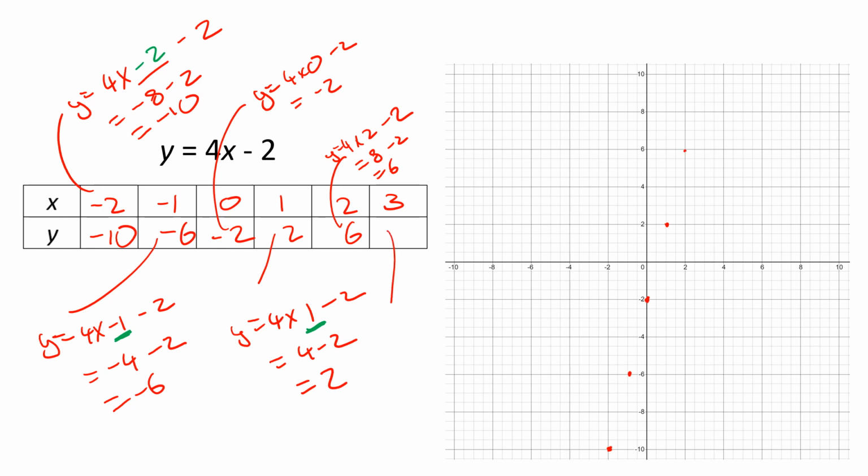And this last one would be y equals 4 times 3 minus 2. Remember, that's the 3 from the table, and that's going to be equal to 12 minus 2 equals 10. So that means when I've got x equals 3, so up along here, that's where my line would be there.